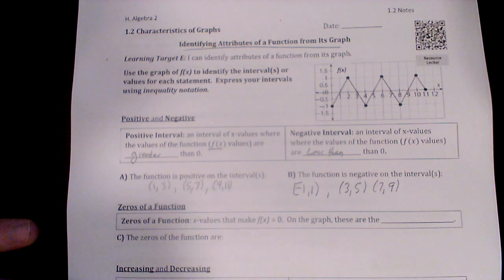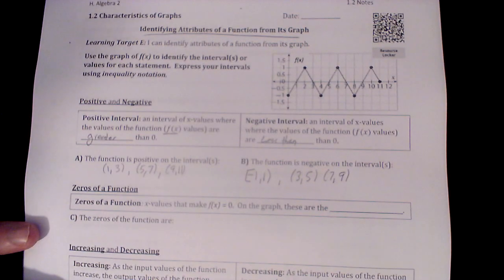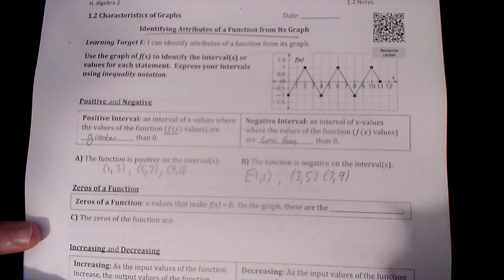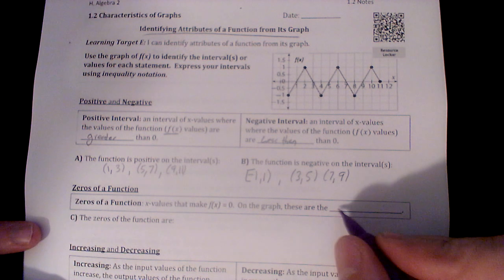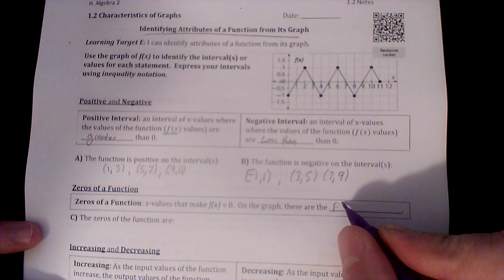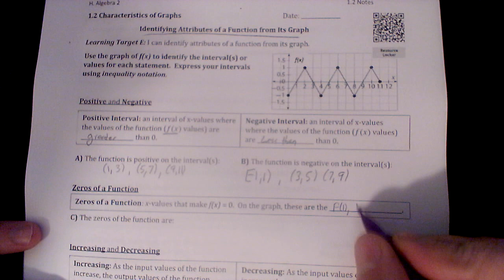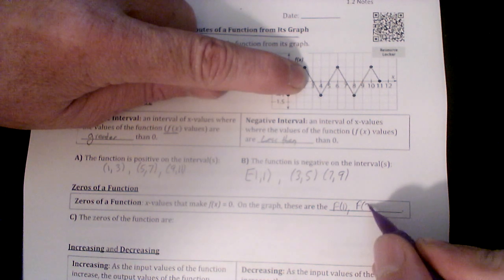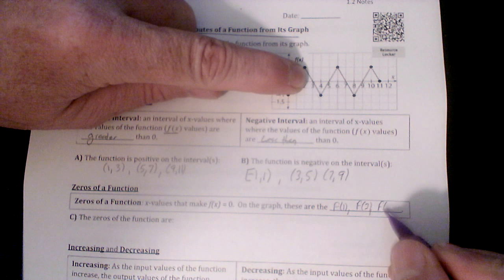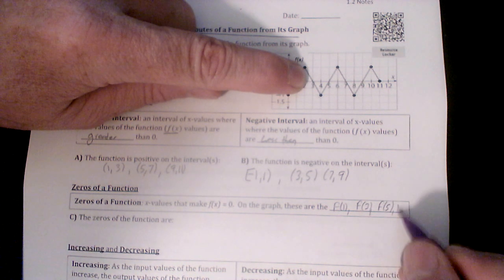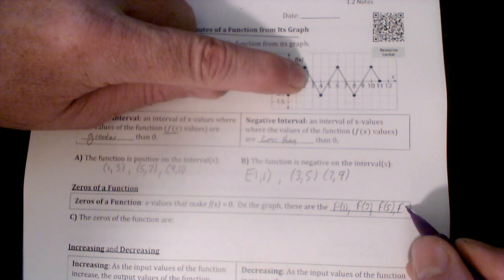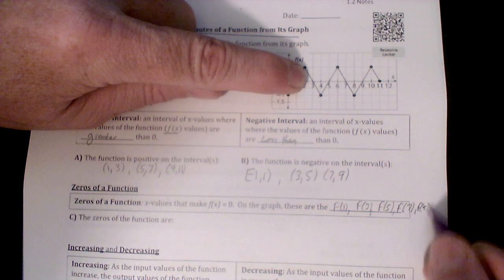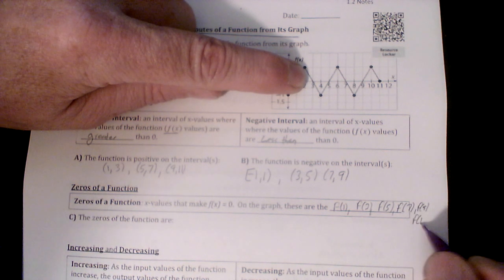Now there are zeros of the function. The zeros of the function are the values I plug in where the output is 0. I'm going to write them as f of 1, comma, f of 3, comma, f of 5, comma, and there are 3 more: f of 7, f of 9, and one more, f of 11.